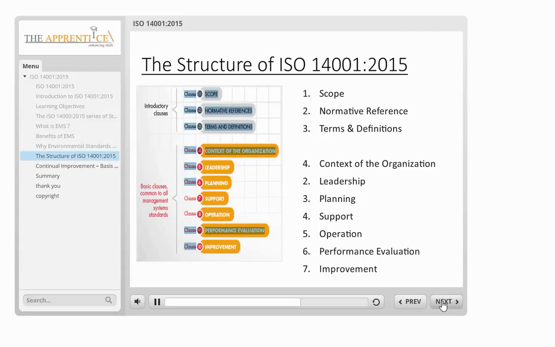Third is about terms and definitions. The first 3 are non-auditable clauses. The rest are auditable clauses. These are: context of the organization, leadership, planning, support, operation, performance evaluation, improvement. The standard is aligned to ISO 9001, 2015.